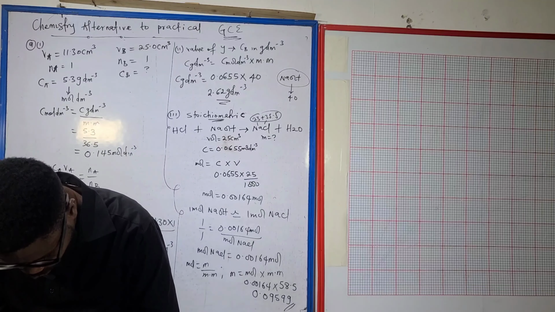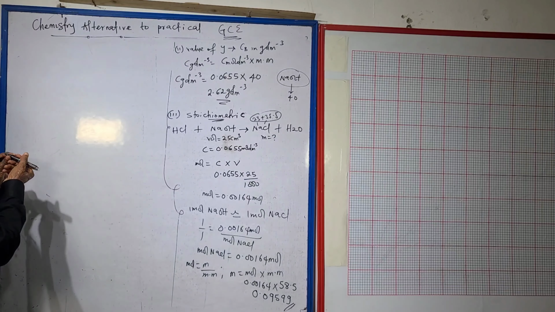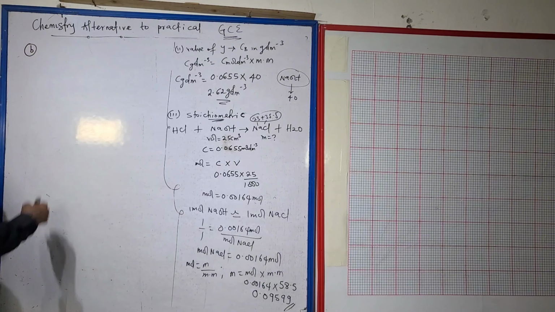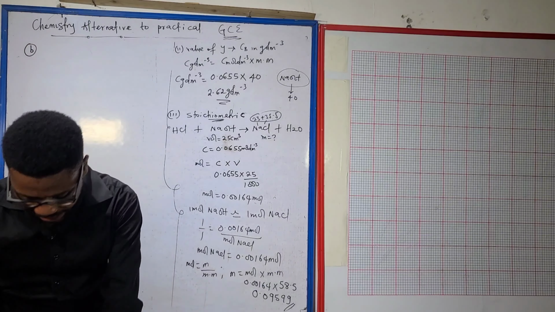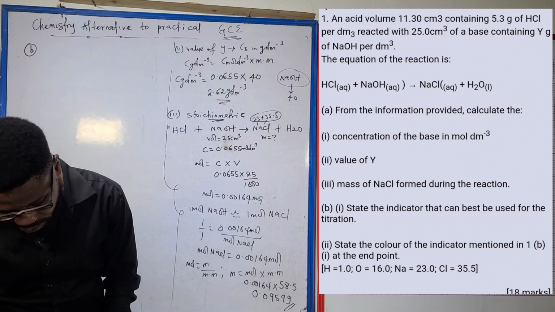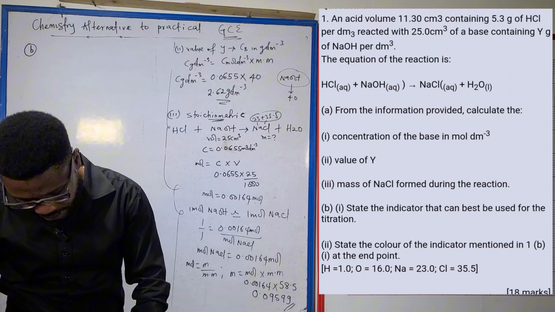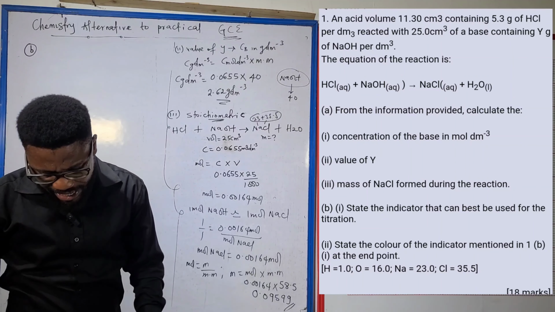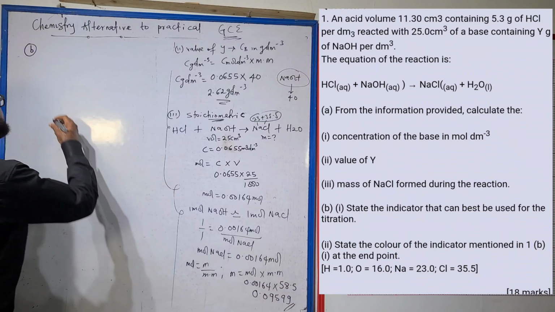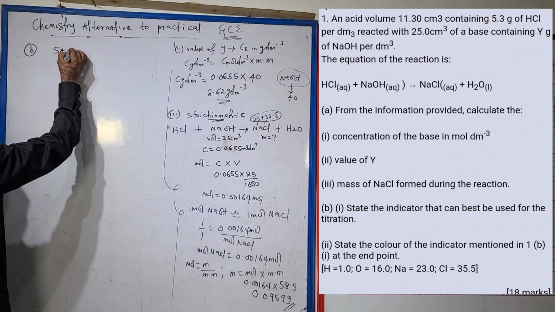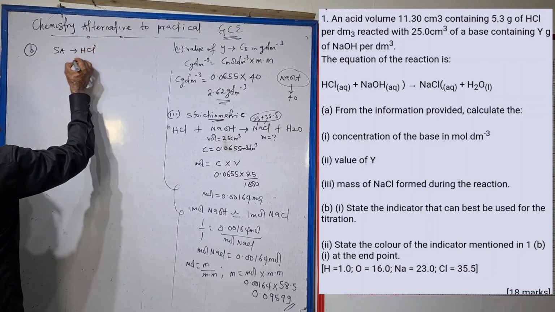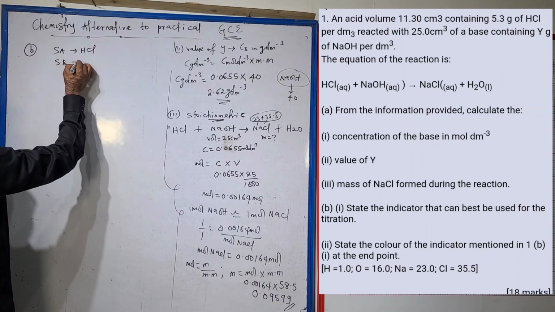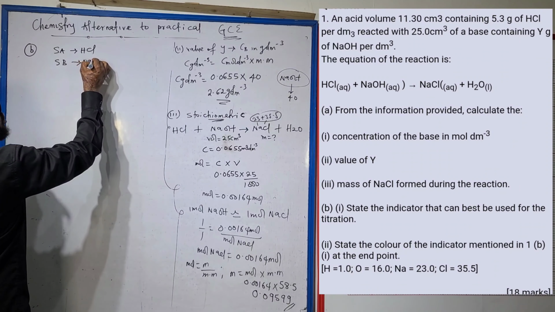Moving on to question B, we were told to state the indicator that can be used for this reaction. Of course, this is a reaction between a strong acid, my HCl, and a strong base, my sodium hydroxide.